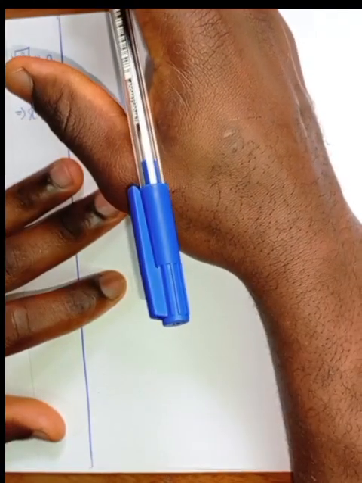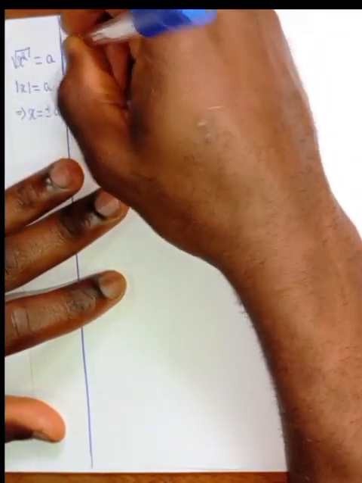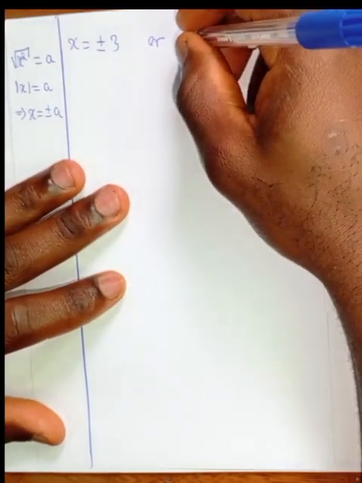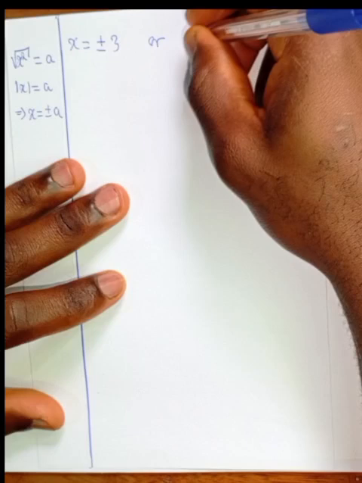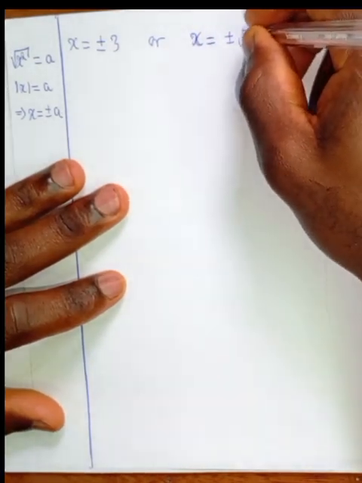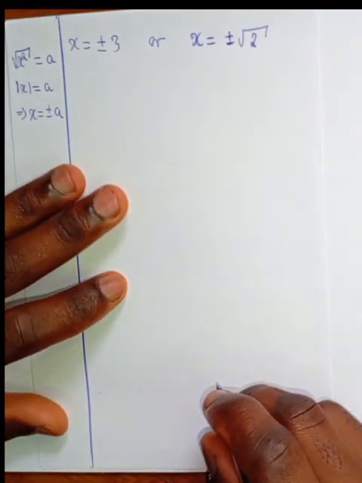The magnitude of x will be equal to 3. This will give us x to be equal to plus or minus 3, or x will be equal to plus or minus root 2. Remember, the number 2 is not a perfect square.